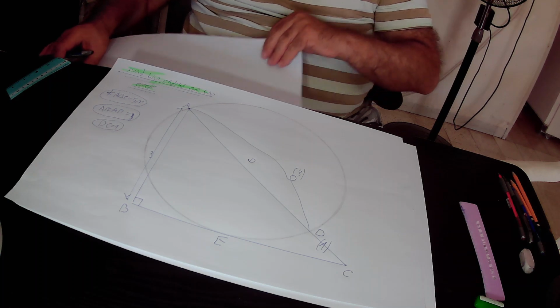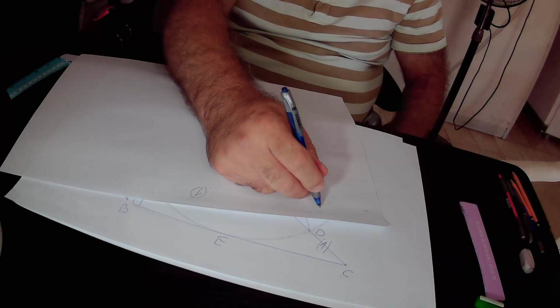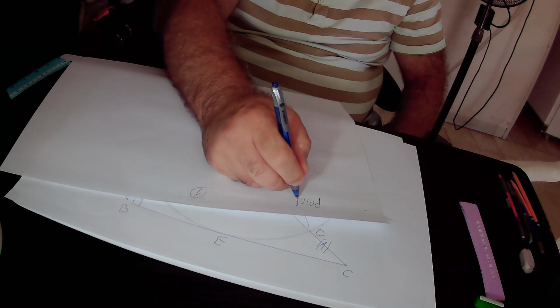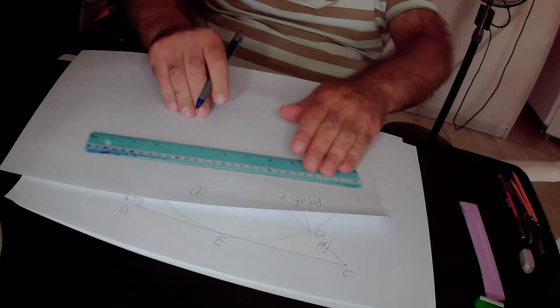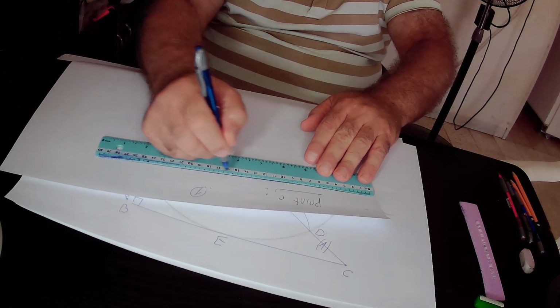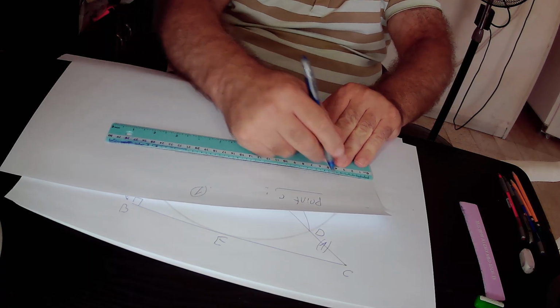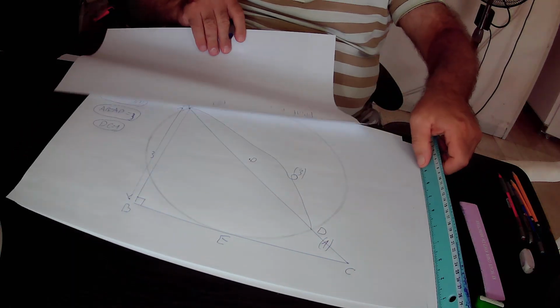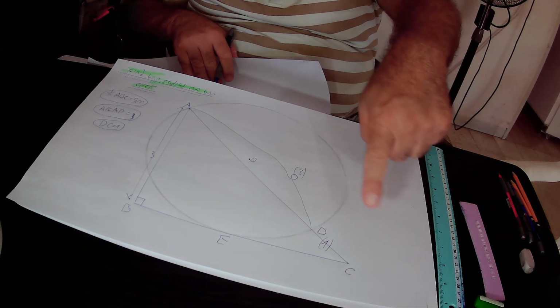If you focus on the common external point, point C, according to rule 25, the following equation will be true: CE square equals CD times CA.